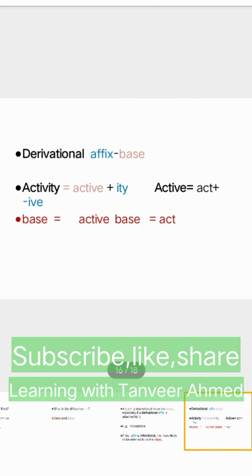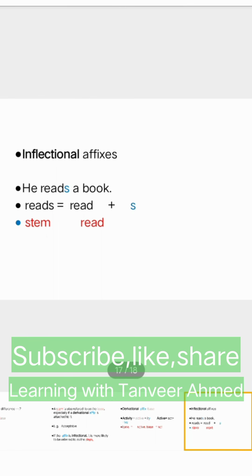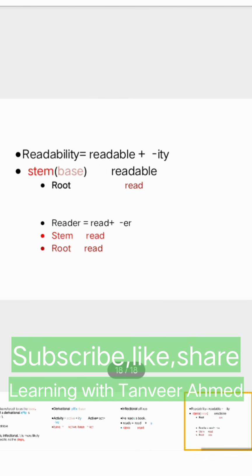For example, in "activity", "active" plus "ity". In "activity", "active" is the base and in "active", "act" is the base, because both "ity" and "ive" are derivational examples. Inflectional affixes: in "He reads a book", the stem is "read" because it takes inflectional affix with it.